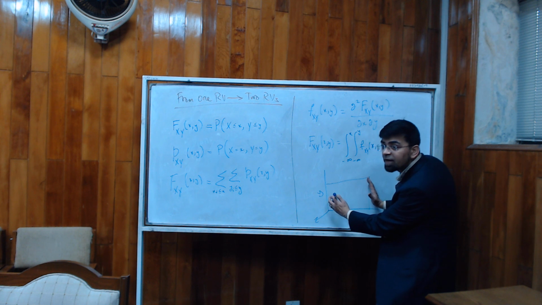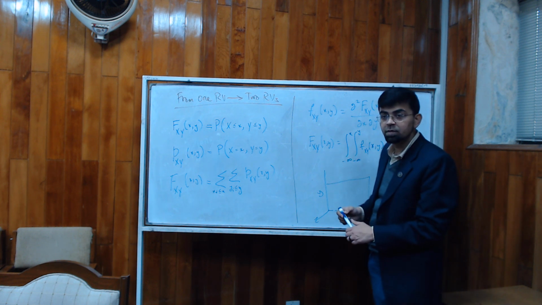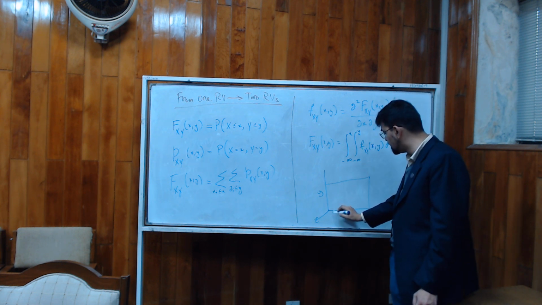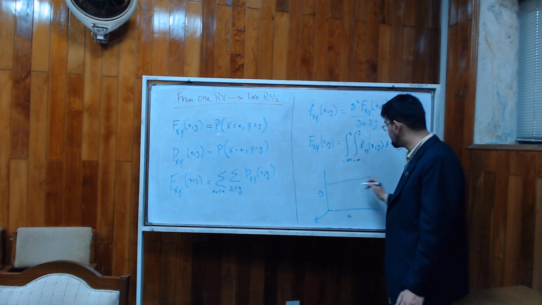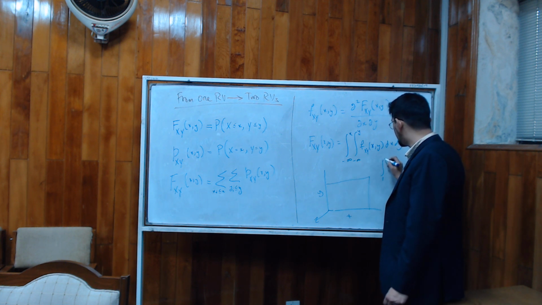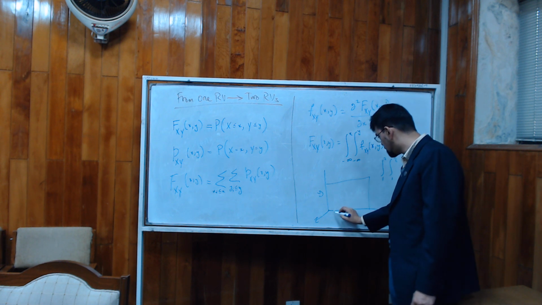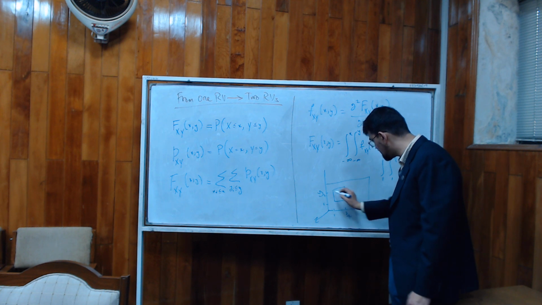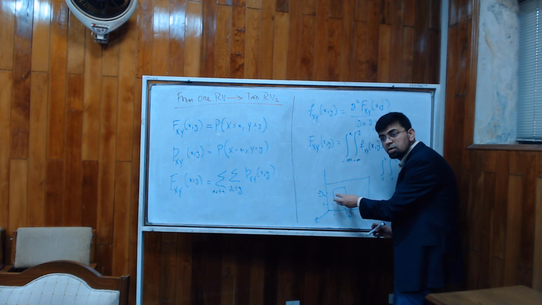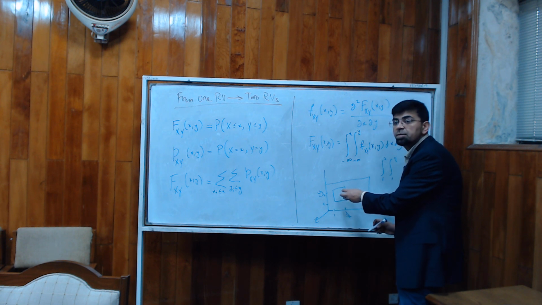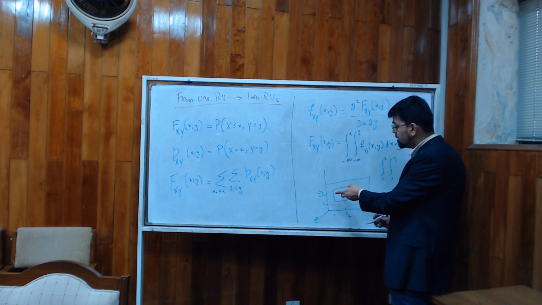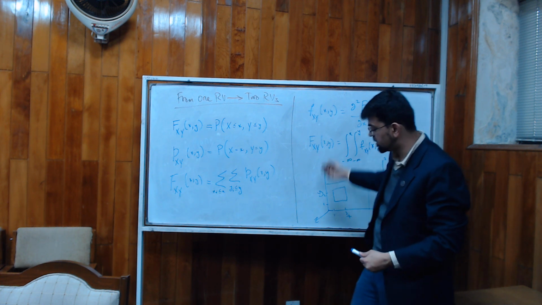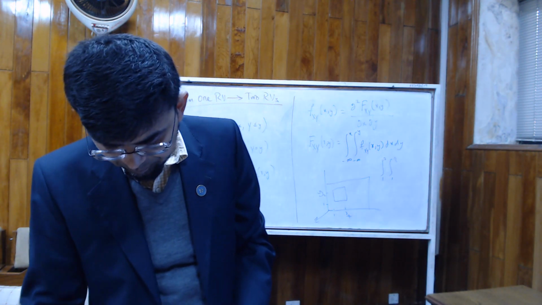So the volume under that will be your answer. Let's say you want to do from 1 to 2 and 1 to 2. You pick this region, and whatever volume falls within it, that will be the joint probability, the joint cumulative. So you get the idea.